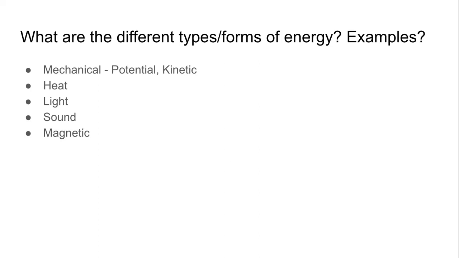If we have unlike poles, then they attract each other. If we have a magnet, it has lines of force, which is called a magnetic field. And yes, we also have electrical energy, which is the focus of this chapter.